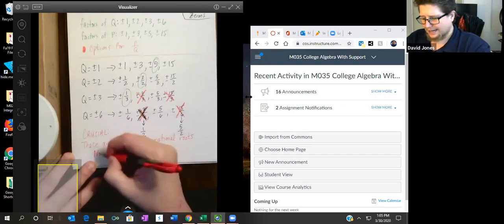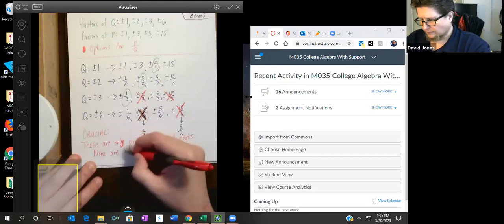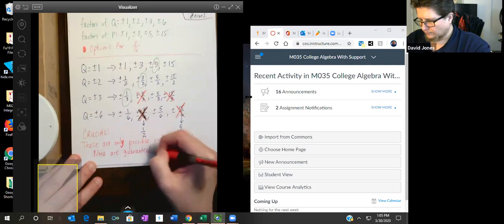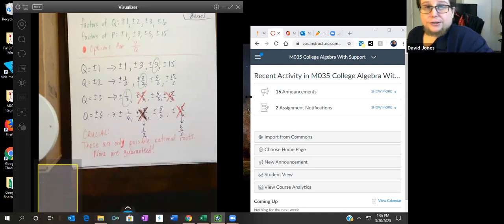None are guaranteed. We may not have any rational roots. We might have all complex answers. It's unlikely we'll end up with irrational roots, but it's possible.